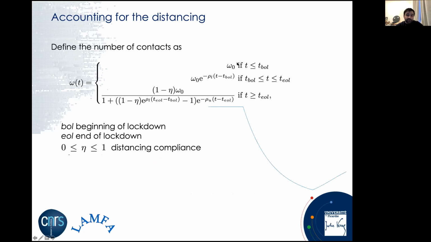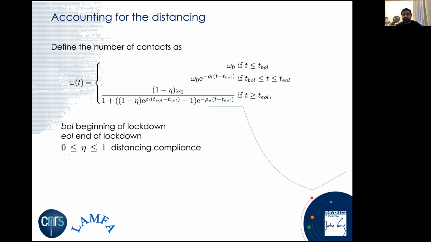So we say, okay, you have the number of contacts, and then with lockdown first. Here we take into account the lockdown. We imagine that it will be very fast, but not instantaneous.